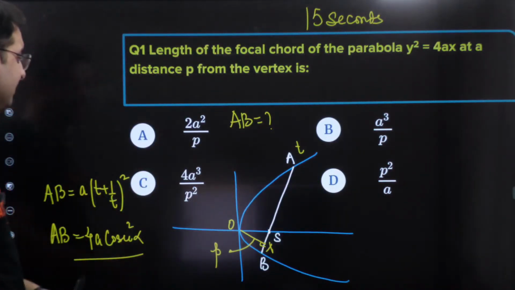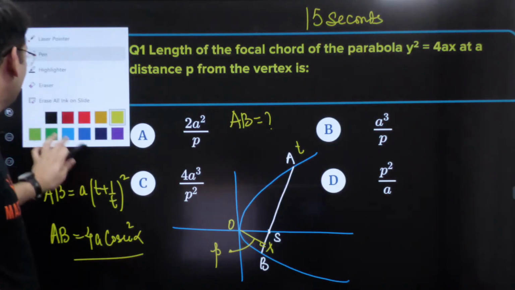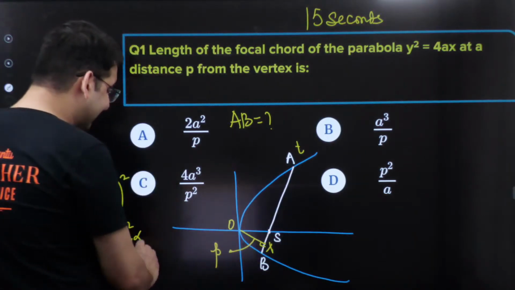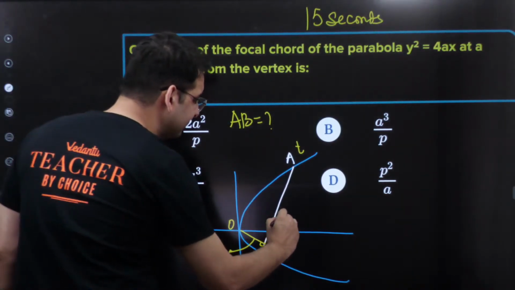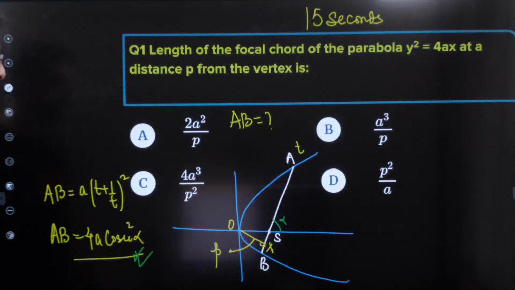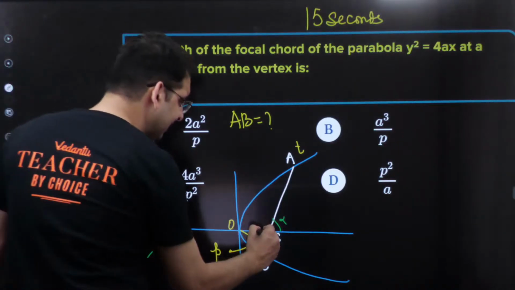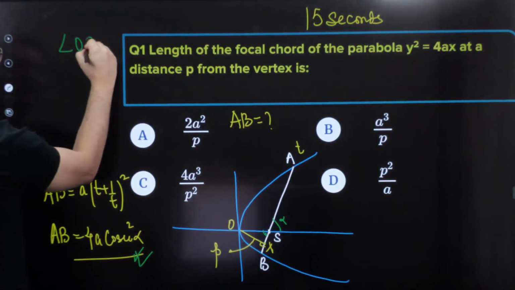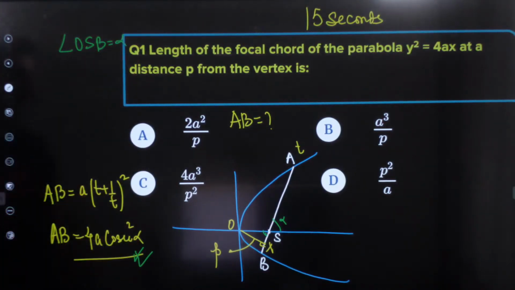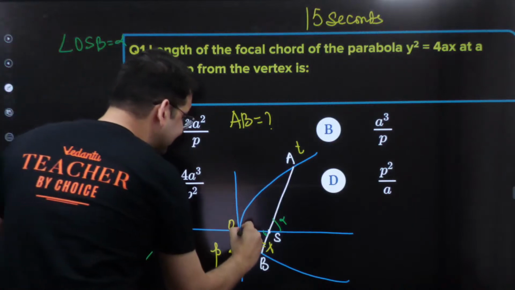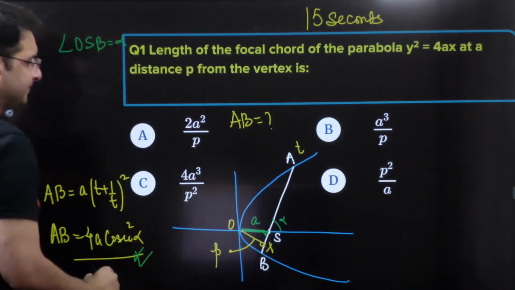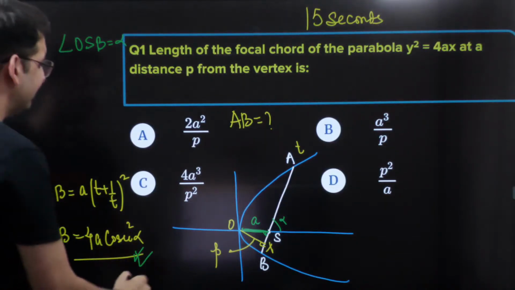Now see, guys, how do we make good use of any of these formulas? In the second case, alpha was this angle. Can I say this angle OSB is also going to be alpha? Also, OS, this length is going to be A. This angle is alpha.